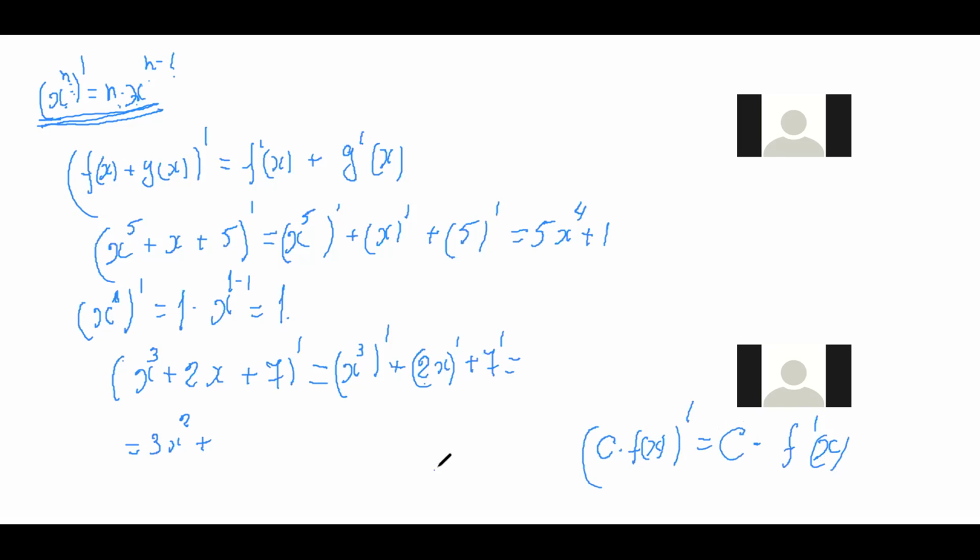So when we have 2 times x, the derivative is 2 times the derivative of x. And the derivative of x, we know, is 1, and that's why it's 2. And 7 is a constant, so the derivative of 7 is 0. Okay, next example, please.